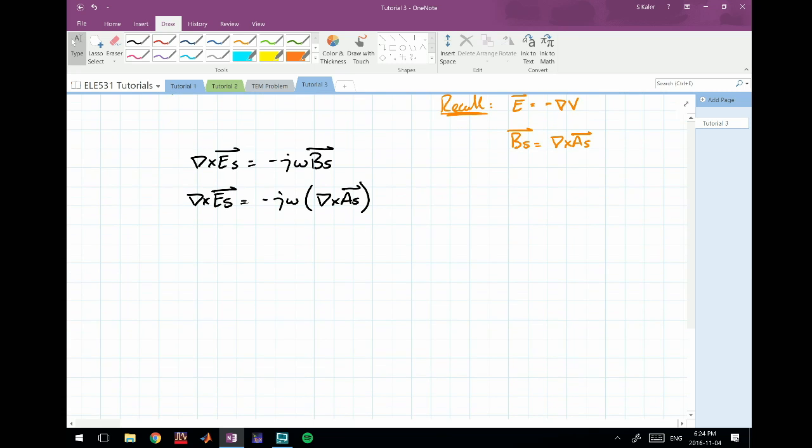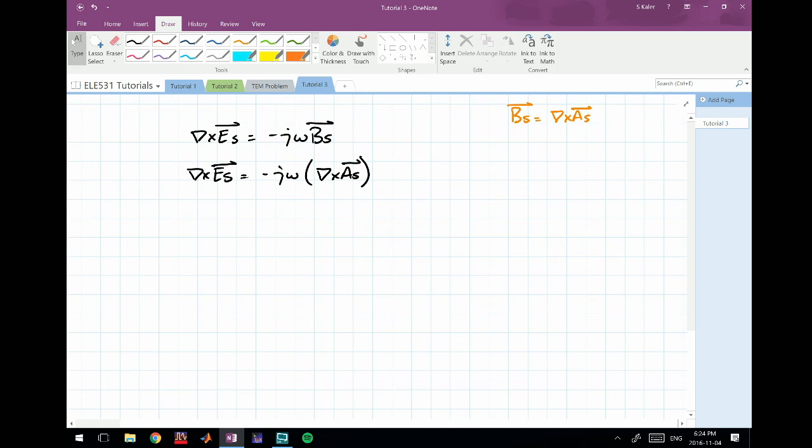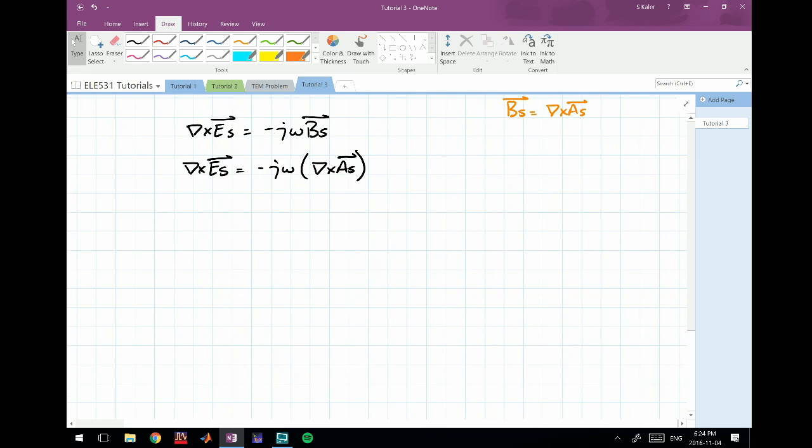Now I'm going to take the minus j omega and move it inside, because j omega doesn't depend on space, so they're constants and we can move them around. So the curl of ES is equal to the curl of minus j omega AS. Okay?